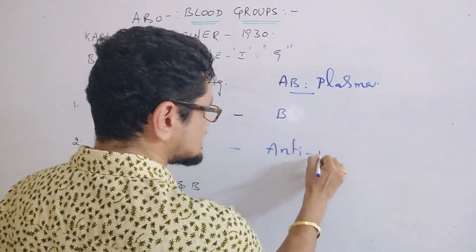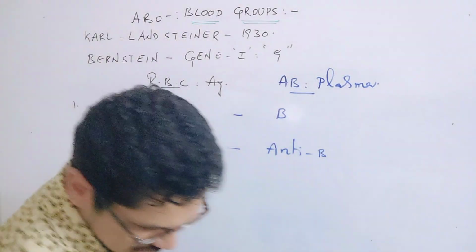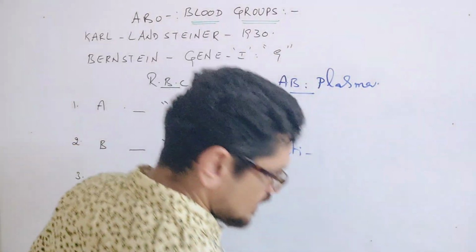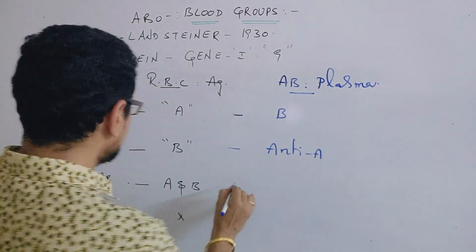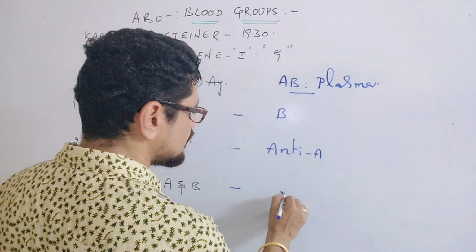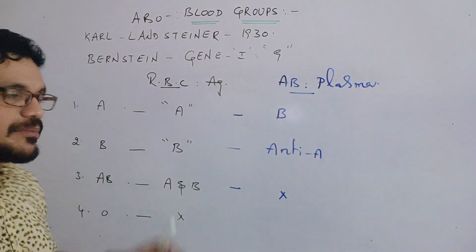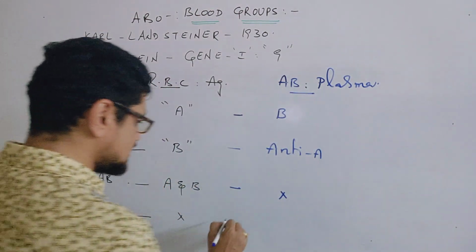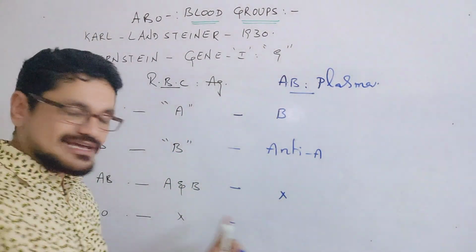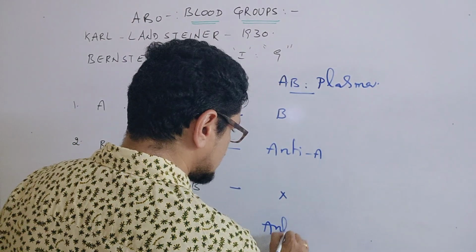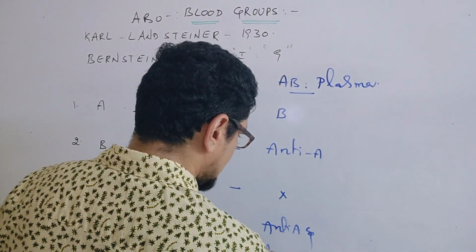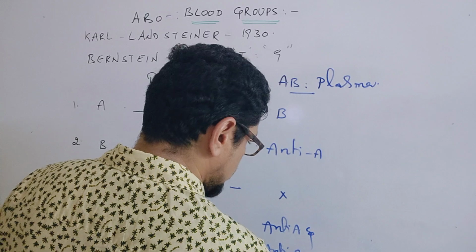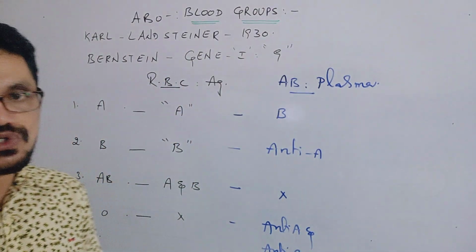You can write it as anti-B, and once again, anti-A. And in the AB blood group, there is no question of any antibodies. Why? Because both the antigens are present. And here, no antigens are present. So obviously here, both anti-A and anti-B antibodies are present in those persons.